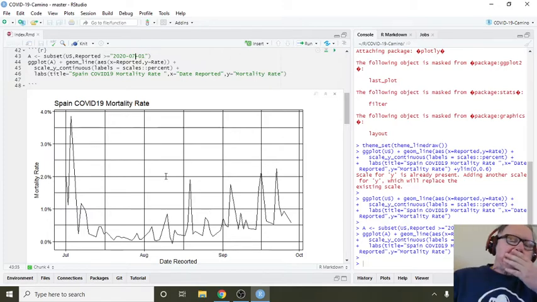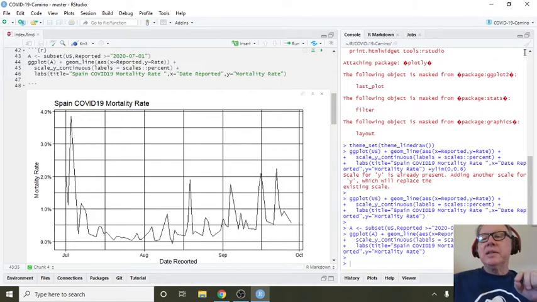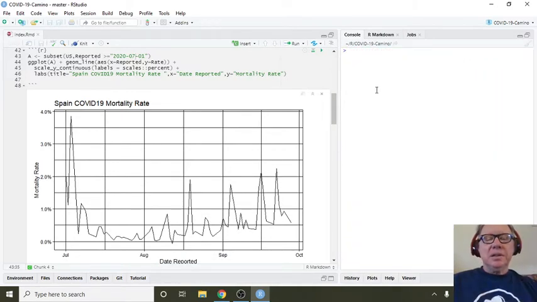This gives us a much better picture of the current mortality rate. You can see overall, okay, it isn't that bad. That's the point. It isn't that bad.